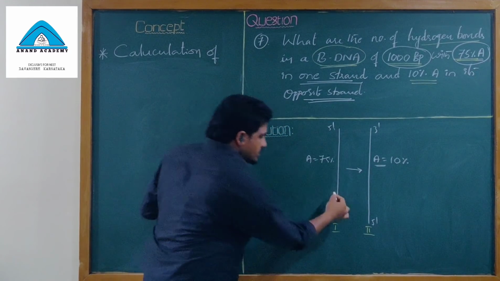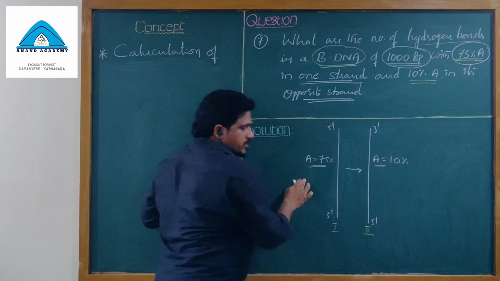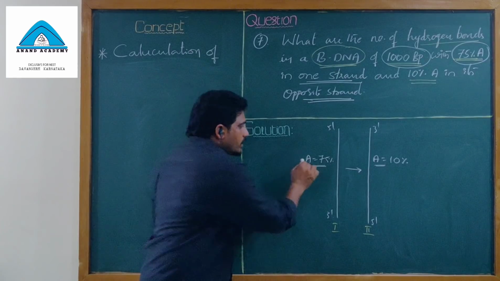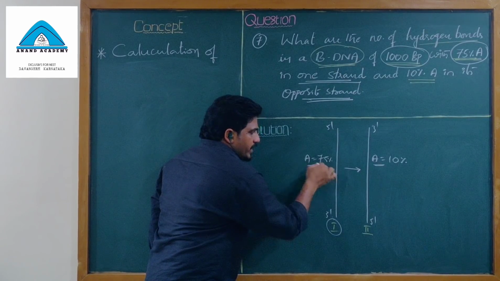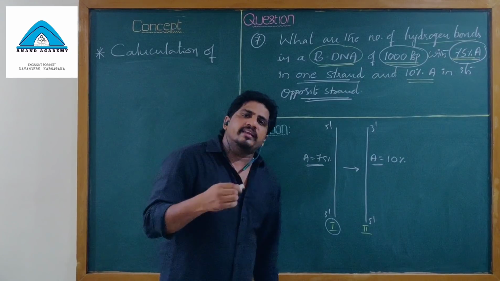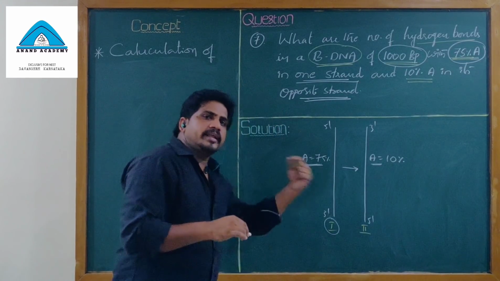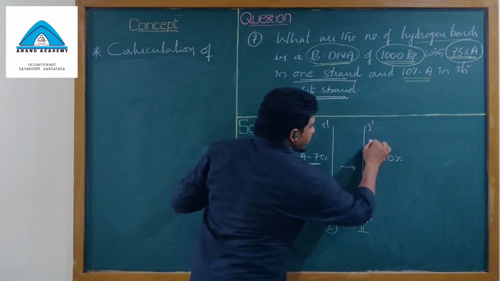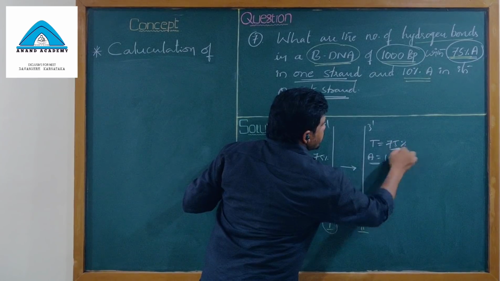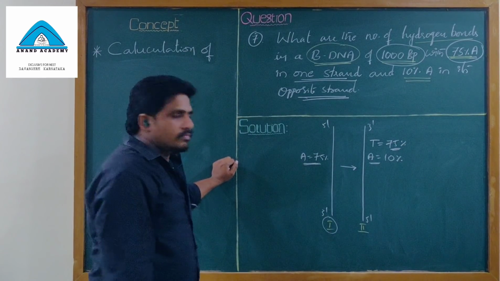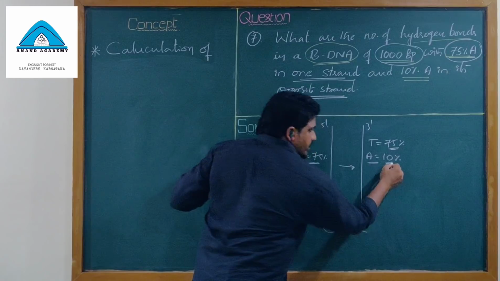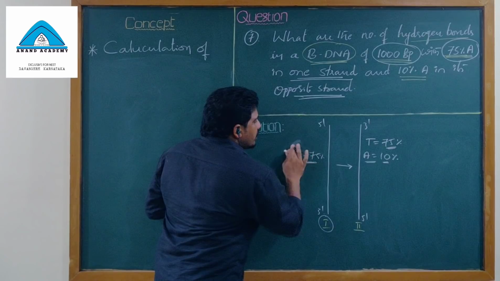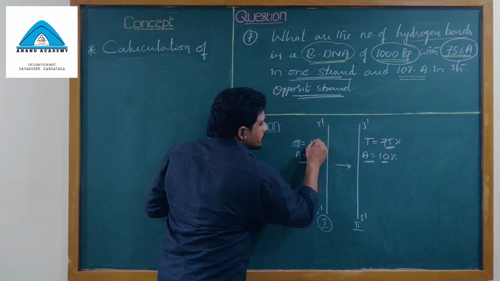Let us see. In strand 1, A is equal to 75%, which means A is pairing with the T in its opposite strand. I repeat, in strand 1, the percentage of A is 75%. A is pairing with T. Then is T present in its opposite strand or in the same strand? Obviously the opposite strand. So here the T is equal to 75%. Clear? Here the A is equal to 10%, which means this A is paired with the T present in its opposite strand, so here the T is equal to 10%.